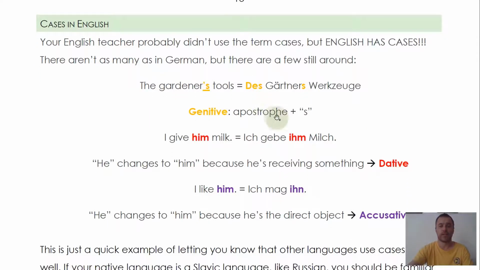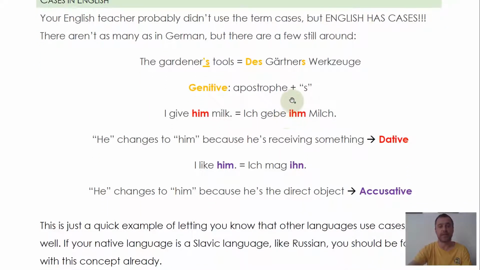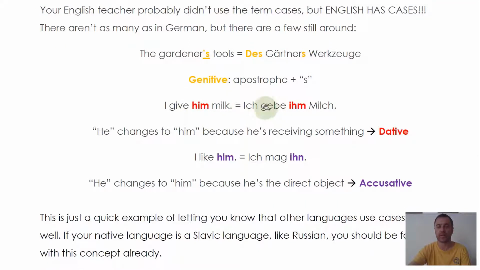And just to make it more obvious for you, English has cases. The gardener's tools, this Gärtner's Werkzeuge, this S here that you have to add if you describe the ownership of something, it's nothing else than genitive. Also, I give him milk. Ich gebe ihm Milch. If you have to change he to him, that's nothing else than dative or accusative case.